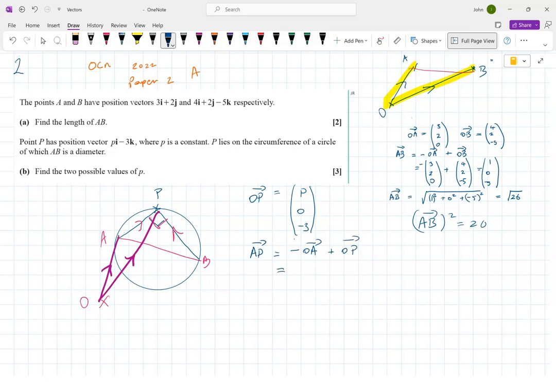Okay, and that equals, well, we know OA, it's already given to us all over here. So we've got minus (3, 2, 0) plus OP, which is (p, 0, minus 3) above.